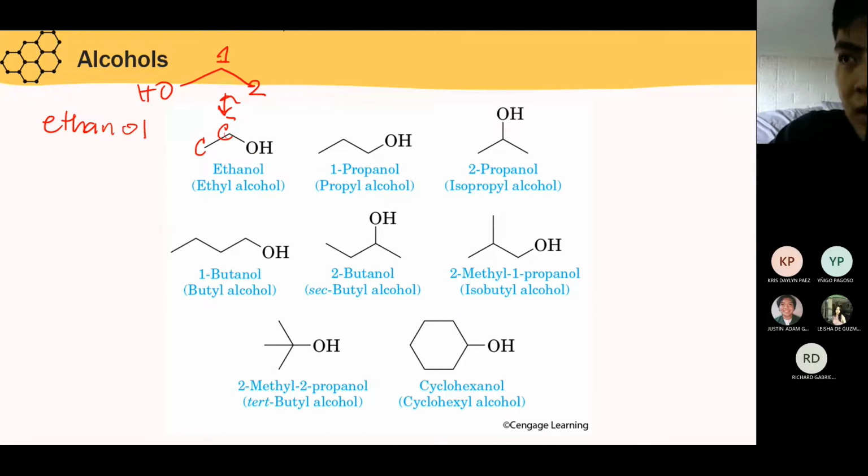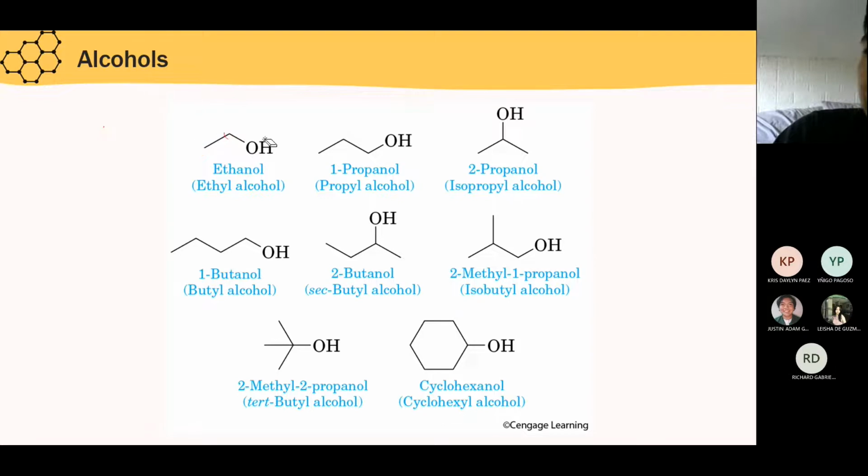However, kapag tatlo na yung carbon mo, dun mo na kailangan maglagay ng number kung saan nakakabit yung OH. Kasi dalawa version yan. So let's take a look here sa propanol. So dalawa yung propanol natin. 1 propanol, 2 propanol. Okay? So propanol yan kasi may propane carbon ka dito, tatlong carbons. However, look at the position of your OH.